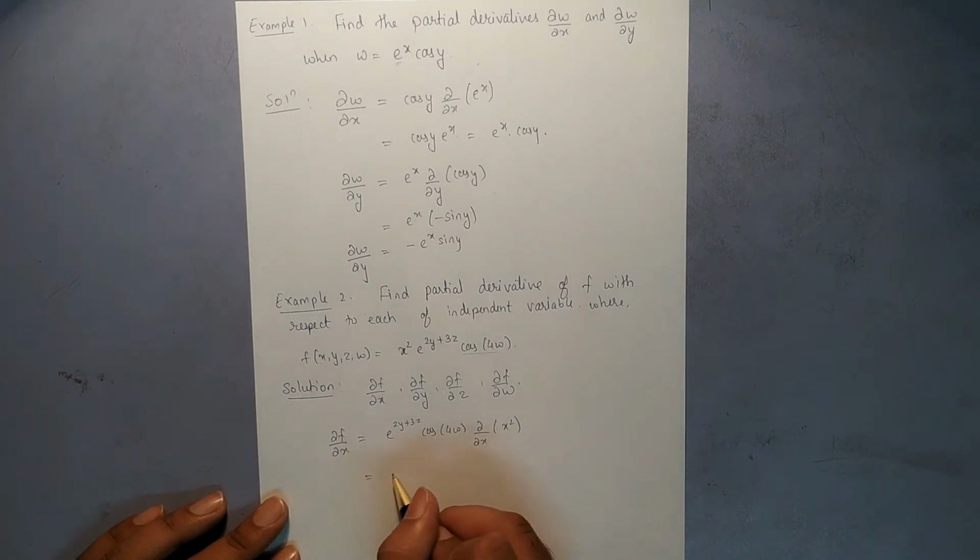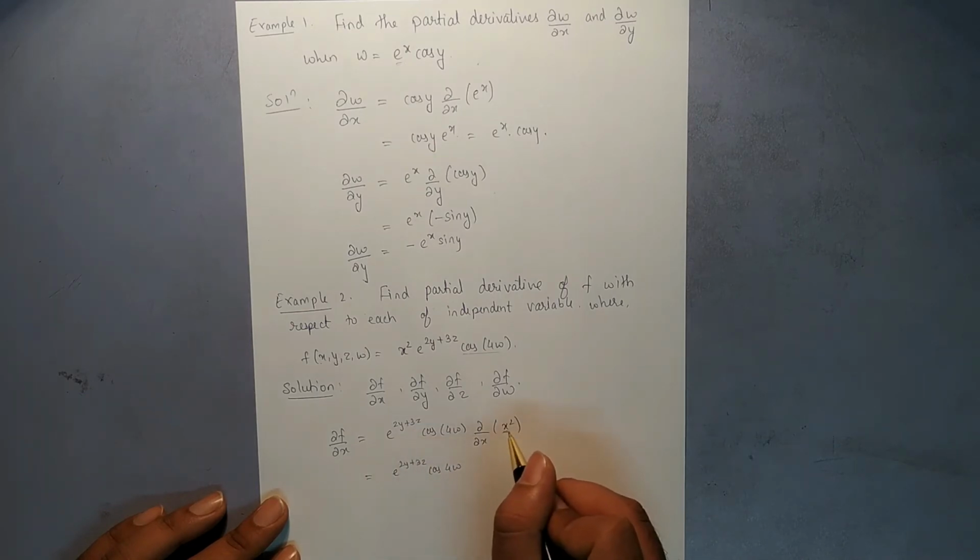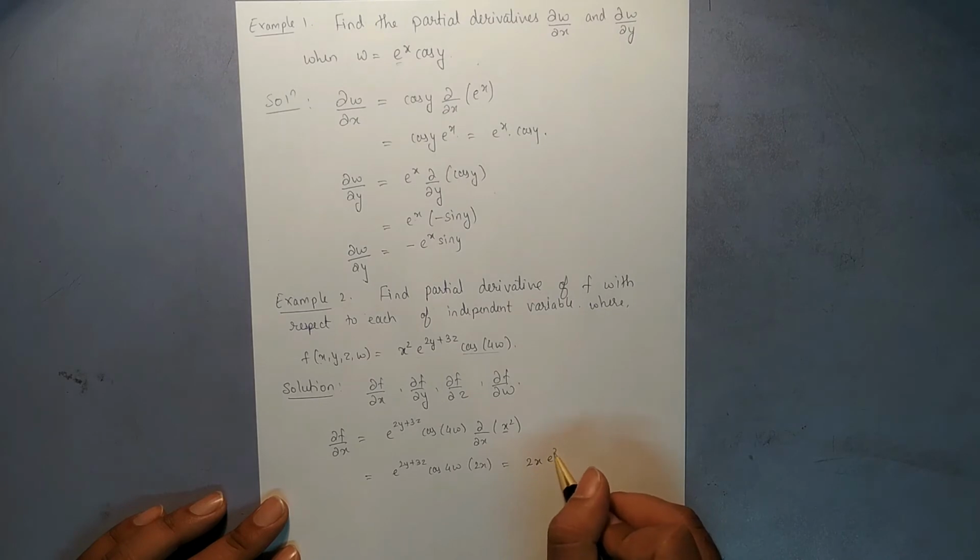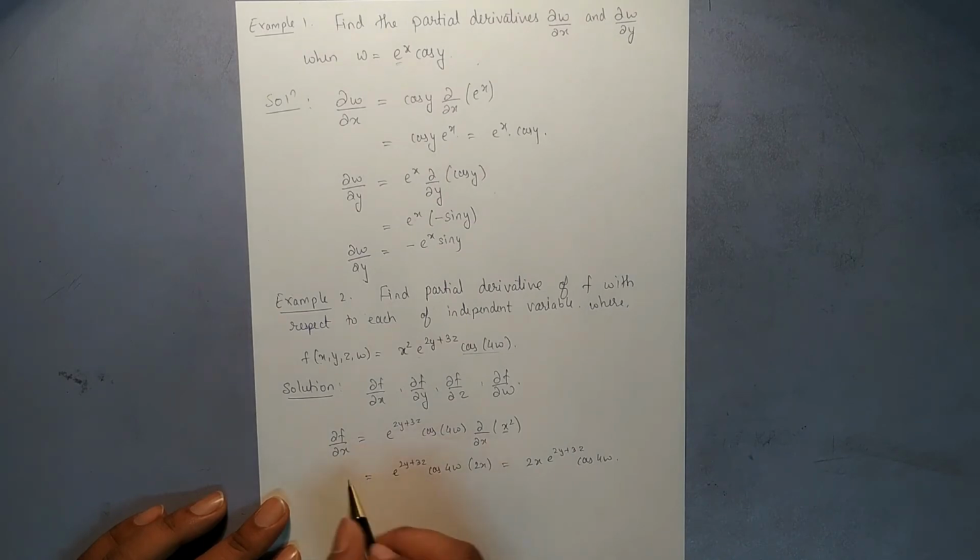So this is equal to e raised to 2y plus 3z cos of 4w. The derivative of x square is 2x. So ∂f/∂x is equal to 2x e raised to 2y plus 3z cos of 4w.